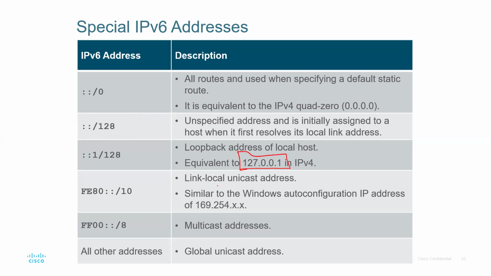What's the reason of having a loopback address? So a loopback address is basically assigned to a virtual interface. It is not assigned to a physical interface, but router. It is assigned to a virtual interface, and it is used by a device to send traffic to itself.